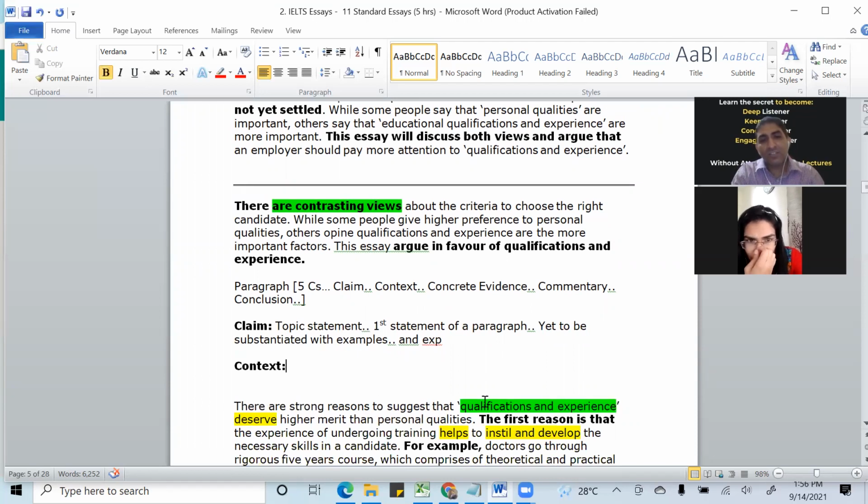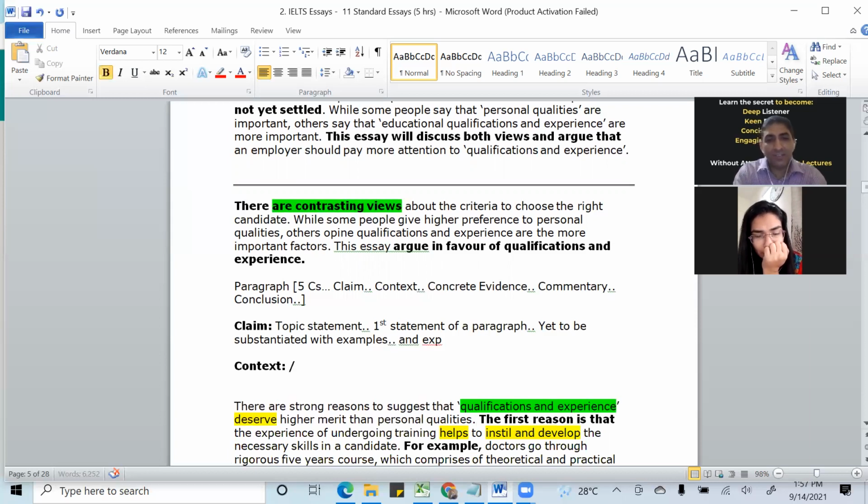There are strong reasons to suggest that qualifications and experience deserve higher merit than personal qualities. इसमें थोड़ा सा बोल सकते हो that most of the recruiters check for a person's experience in a similar field when they want to hire a person. क्या कर रहे हो आप? Context set कर रहे हो, माहौल बना रहे हो. Right? So after the claim, you will set a context. You can write 1 or 2 lines, or you can come straight to the example.